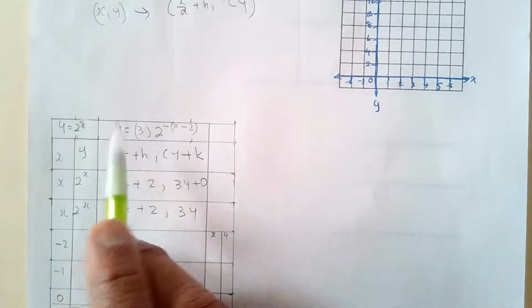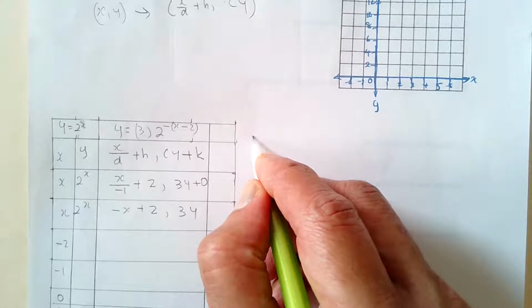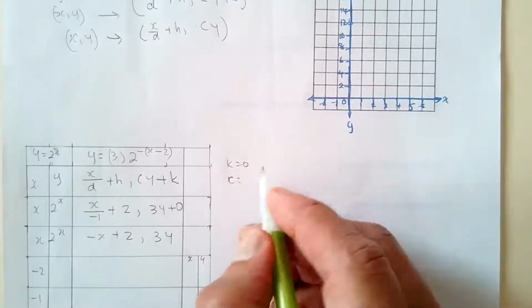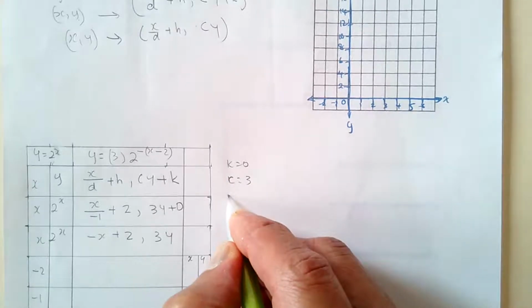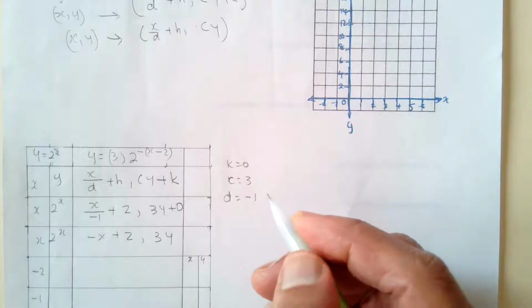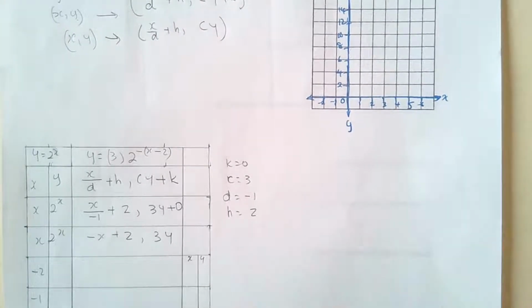And I'll just write here beside it, my k equals 0, c equals 3, d equals -1, and h is equal to 2. I'm just rewriting what I have at the top here.